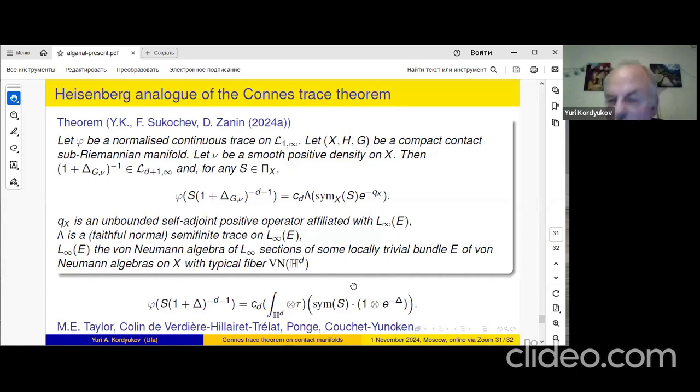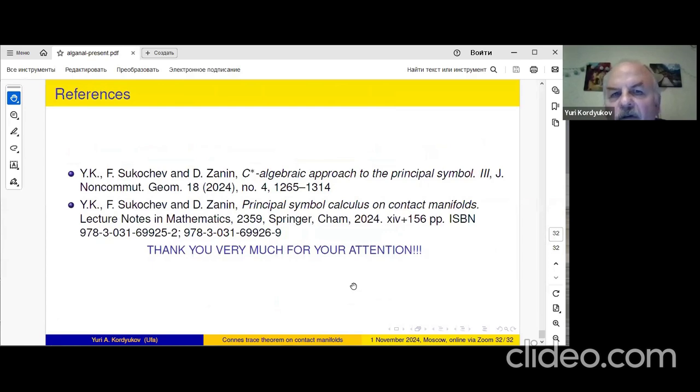But it's already quite technical, and probably I will stop here. And these are just references. So this is a paper in the Journal of Non-Commutative Geometry and the book, Lecture Notes in Mathematics, where the first part and the second part are published. And thank you very much for your attention.